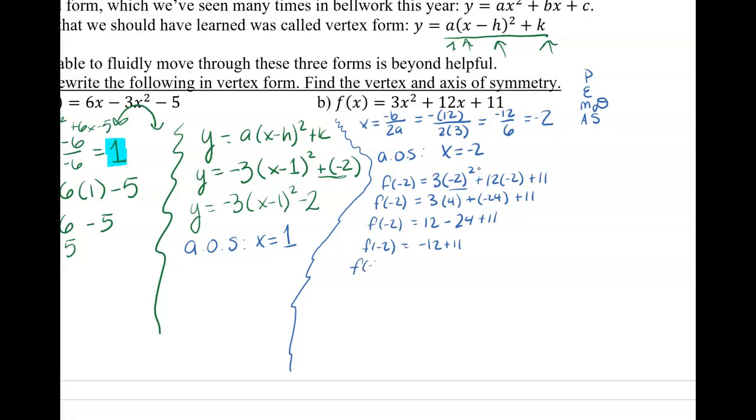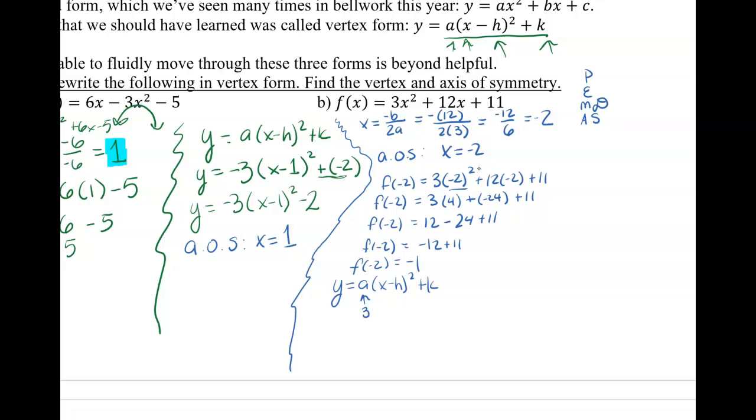So then I get f of -2 is equal to now just -1. Alright, so I've got my vertex, I've got my axis of symmetry. All that's left is rewriting this in vertex form, which again, that vertex form is y is equal to a times x minus h, quantity squared, plus k. So again, my a is going to match my a from standard form, which in this case is 3.